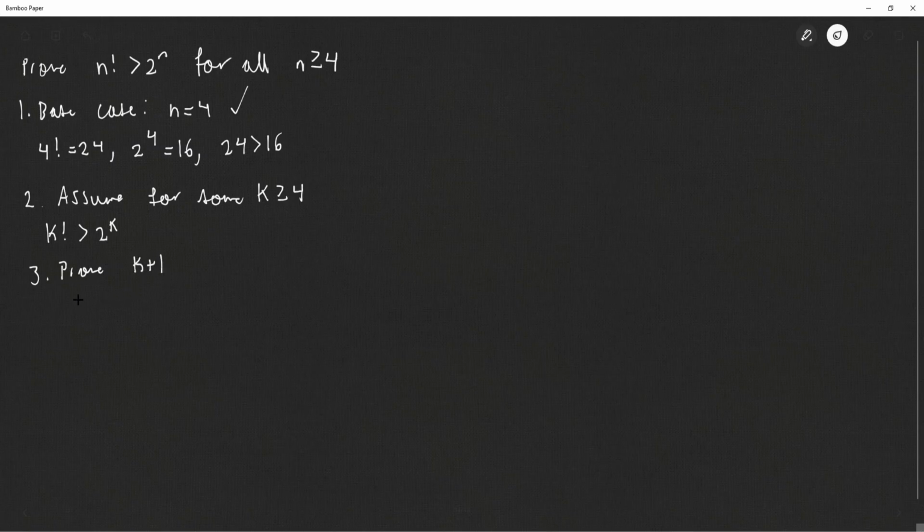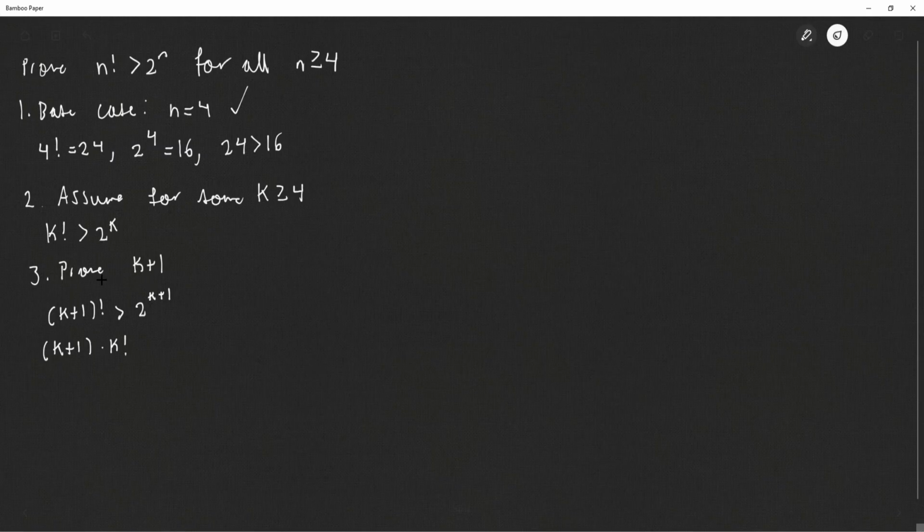So we know that we have to prove that k plus 1 factorial is greater than 2 to the k plus 1. So starting from the left side, k plus 1 factorial we can break down into k plus 1 multiplied by k factorial. But now we know from the hypothesis that k factorial is greater than 2 to the power of k.